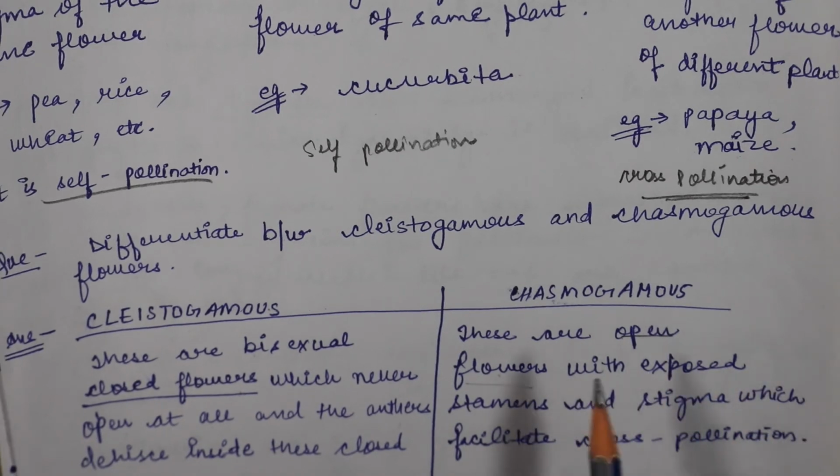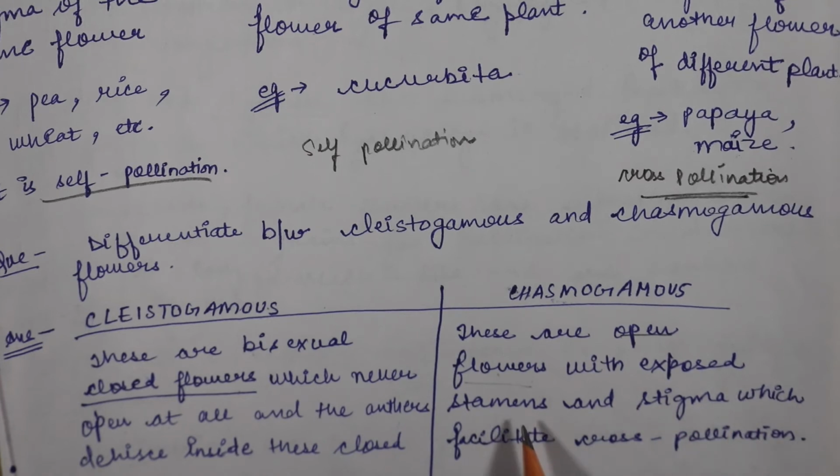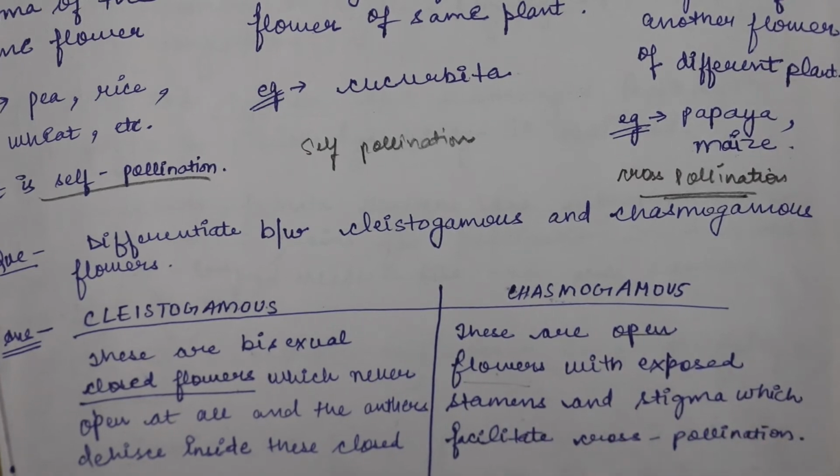Then chasmogamous flowers are open flowers with exposed stamens and stigma which facilitate cross pollination, so that cross pollination can occur in these flowers. That's why the stigma and the stamens are already visible outside, for example China rose.